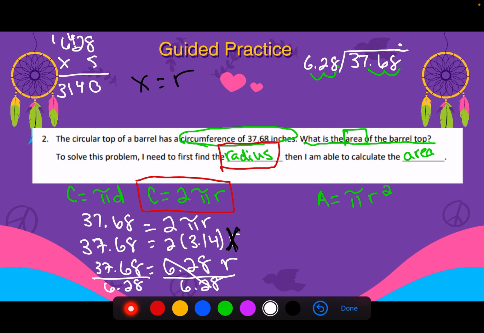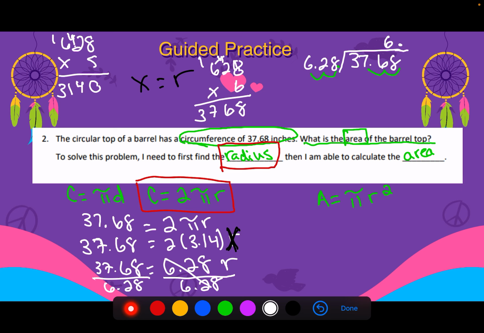Well, that got me kind of close, but let's see if 6 is a better option. So let's do 628 times 6. 6 times 8, 48. 6 times 2, 12 plus 4, 16. So I'm going to carry my 1. 6 times 6, 36 plus 1 is 37. So our answer would be 6.